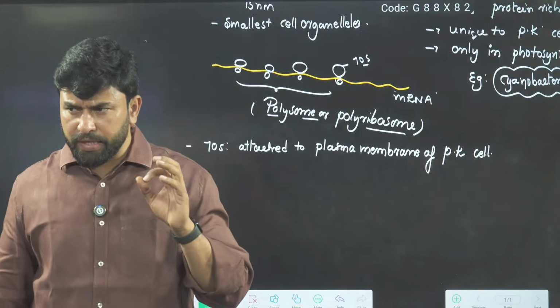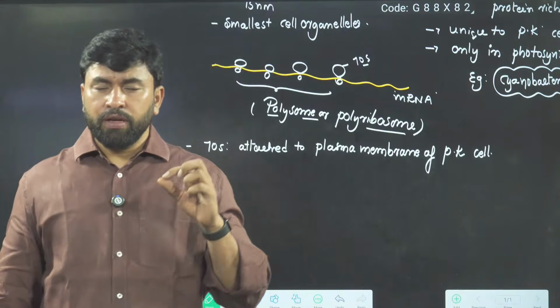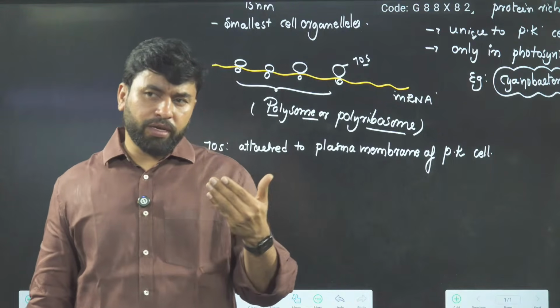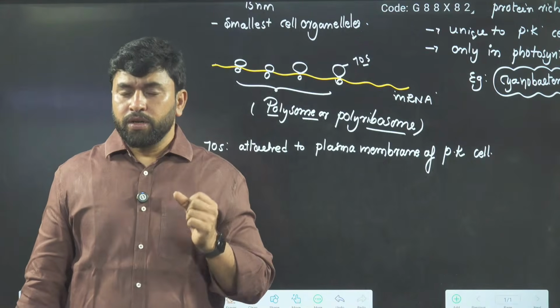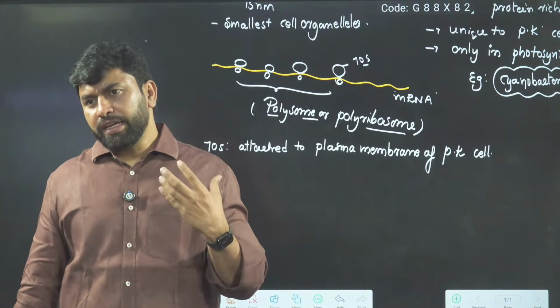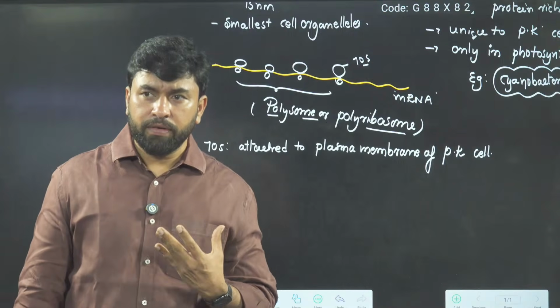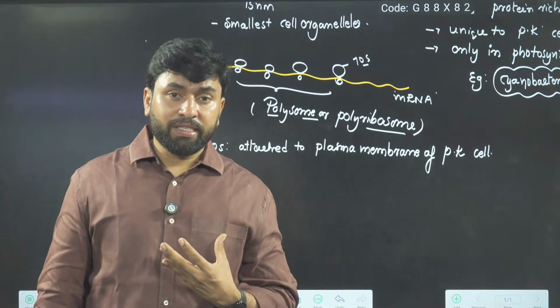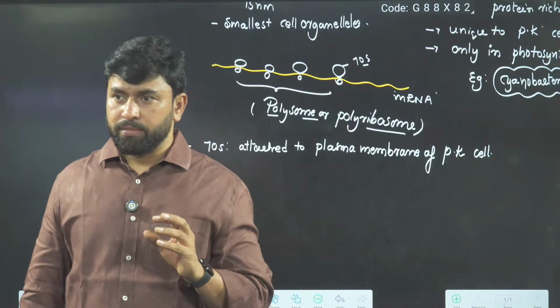Observe very closely. Why are we specially talking about this? When we talk about eukaryotic ribosomes, the so-called 80S ribosomes, where do you think they are commonly seen? On top of the endoplasmic reticulum, in the name of rough endoplasmic reticulum.